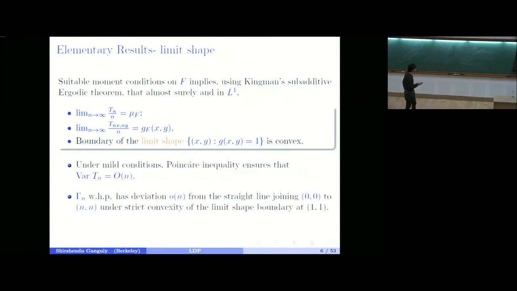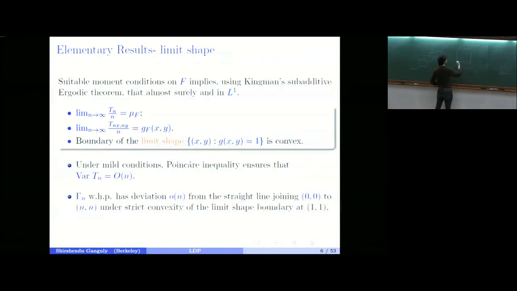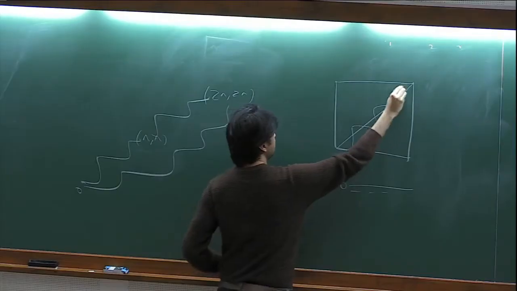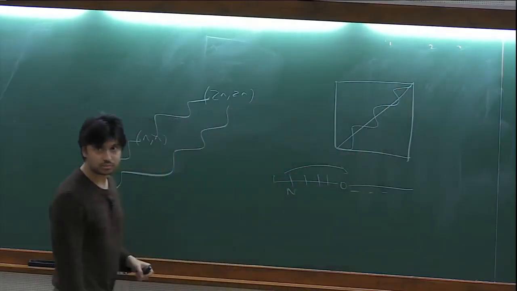Under this convexity assumption on the limiting shape, this directly implies that the fluctuation is already little o of n. So what does that mean? This is my diagonal, and I have some random path which reaches the maximum value.